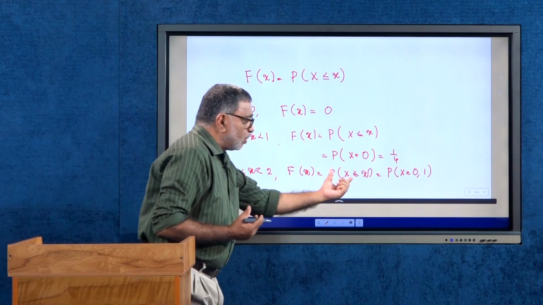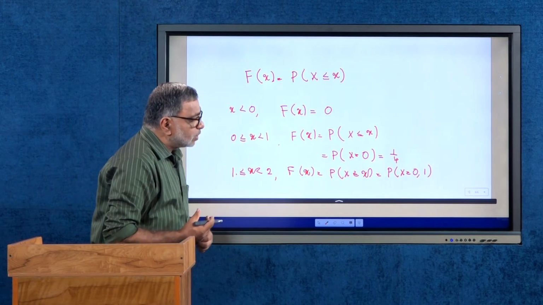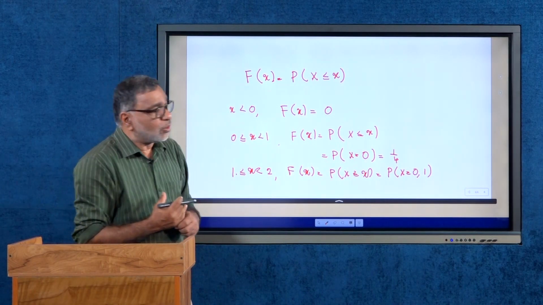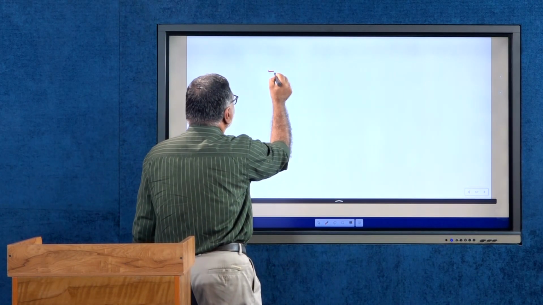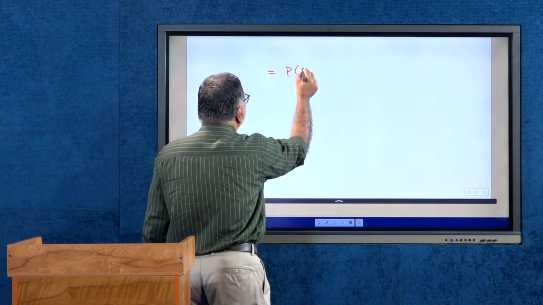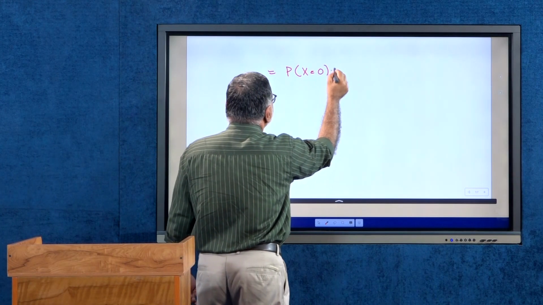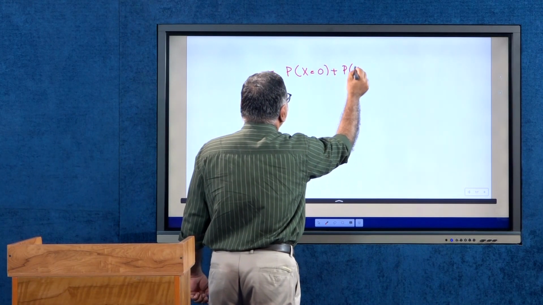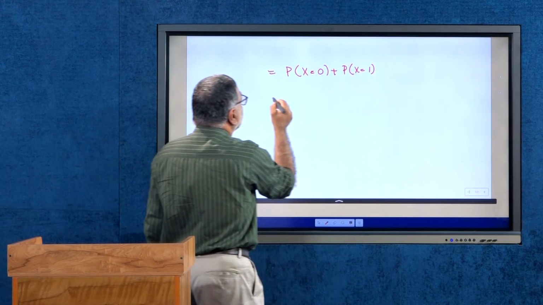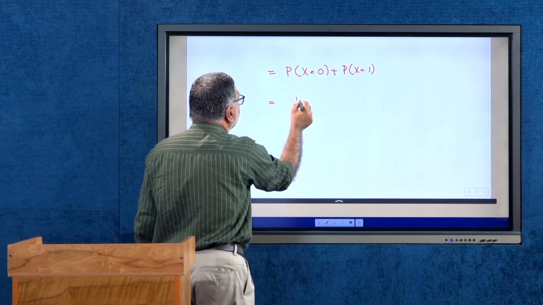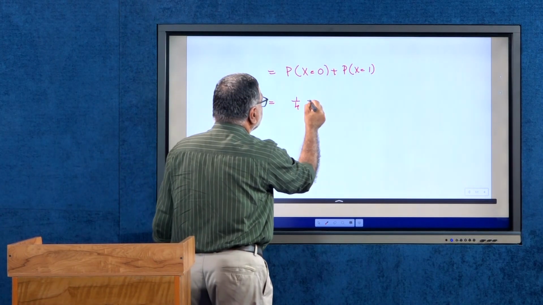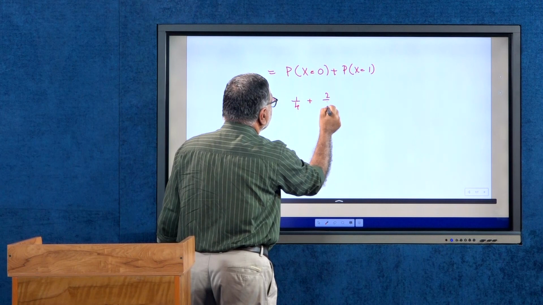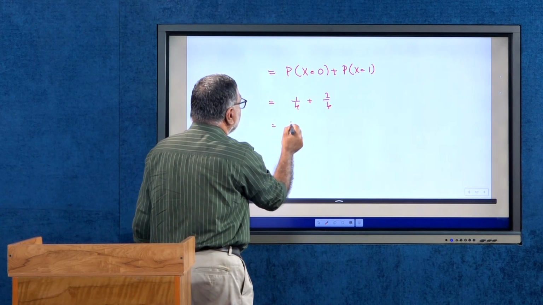So the probability of X less than or equal to x is the probability X is equal to 0 or 1. That is the probability of X equal to 0 plus the probability of X equal to 1. Earlier we calculated the probability of X equal to 0 as 1 by 4 and the probability of X equal to 1 as 2 by 4. So that means it is equal to 3 by 4.